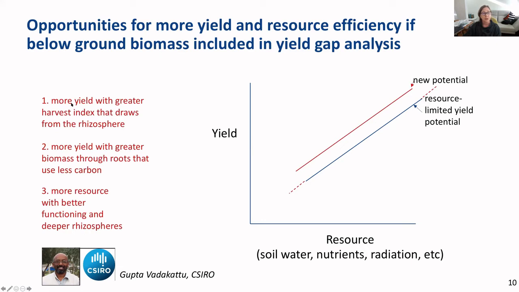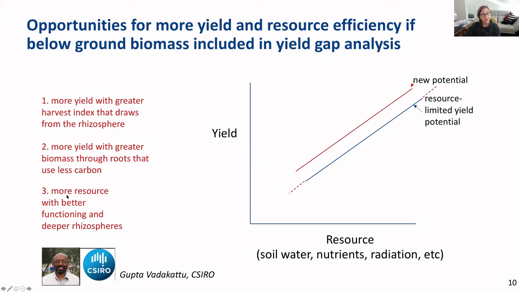This is what could happen if the below ground biomass was included. There is opportunity, therefore, for more yield through greater harvest index that may draw carbon resources in allocation from the rhizosphere into the grain. There is an opportunity for more yield through greater above ground biomass with roots that use less carbon for their functions, some more efficient root systems.